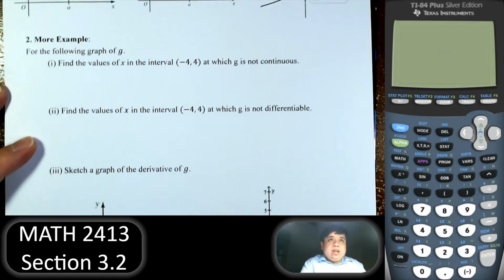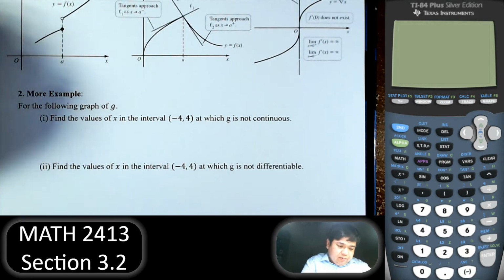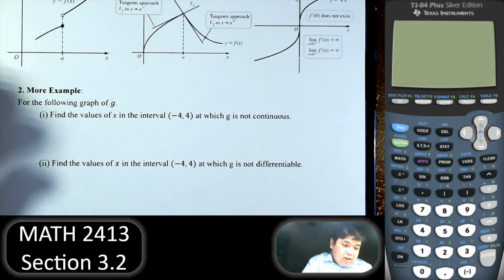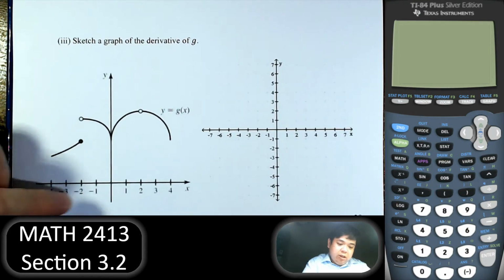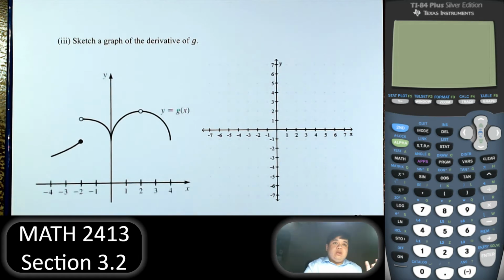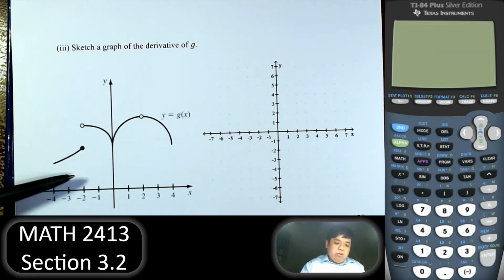Right. Next we have this example. We have the graph here. First, based on that graph, find the values of x in the interval -4 to 4 where the function is not continuous. Where it is not continuous is easy, right? Where there is a gap. So there's a gap at -2, and there's a gap at 2. So the function is not continuous at 2 and -2.